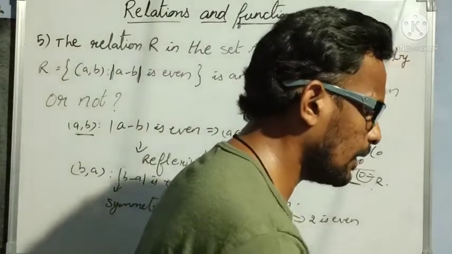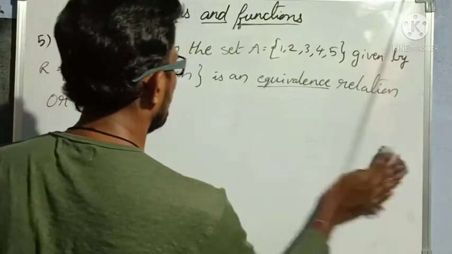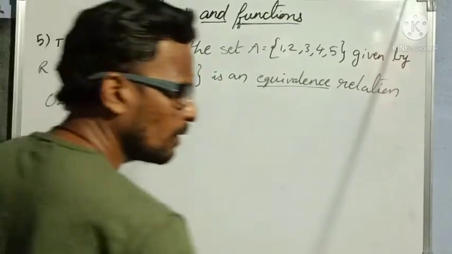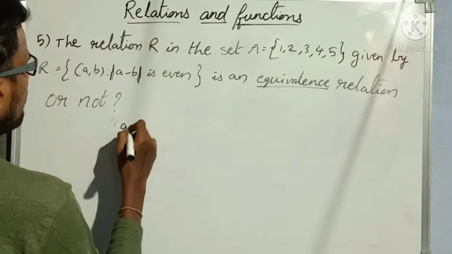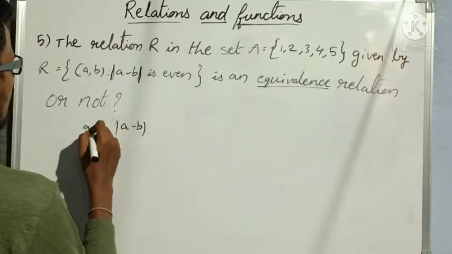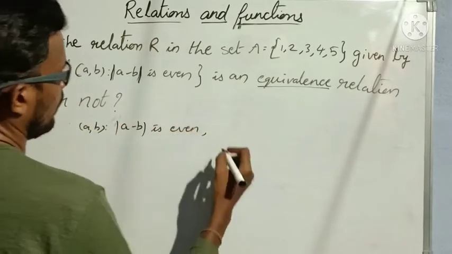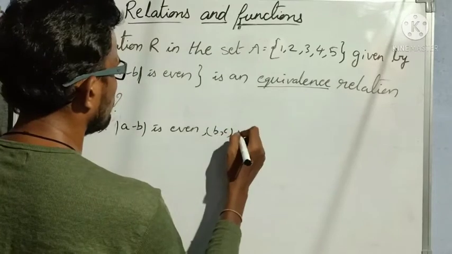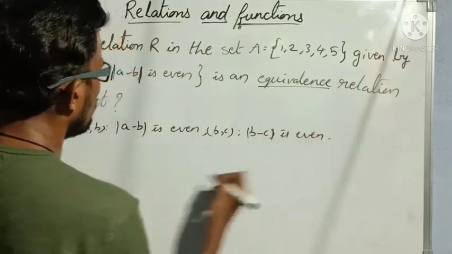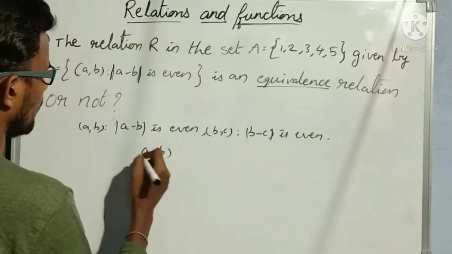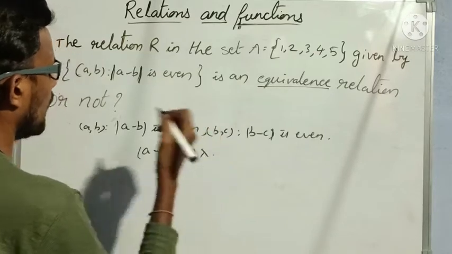Now let us see transitive, whether this condition is satisfied or not. So (a, b) such that modulus of a minus b is even. In the same way, (b, c) such that modulus of b minus c is even. Modulus of a minus b is even is nothing but a minus b is equal to 2 lambda.